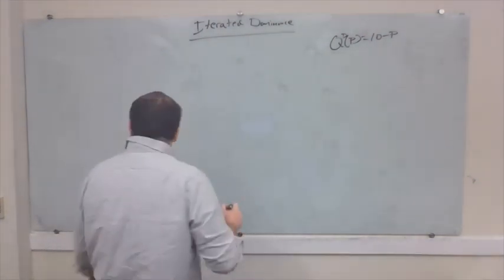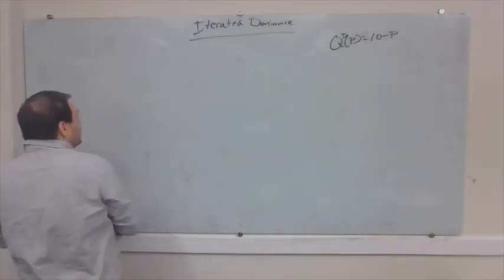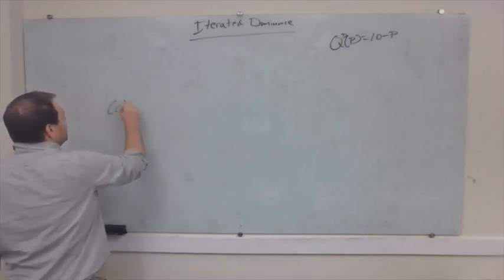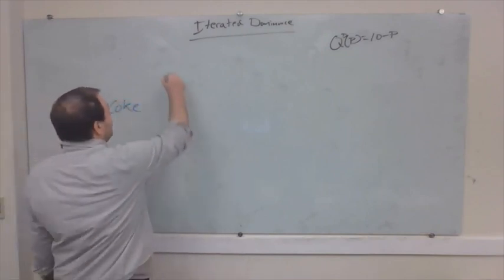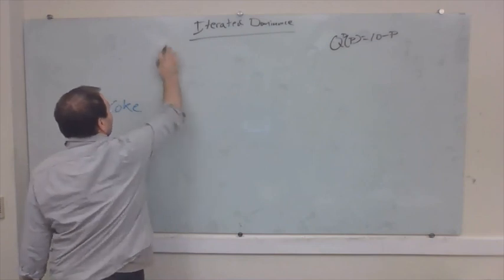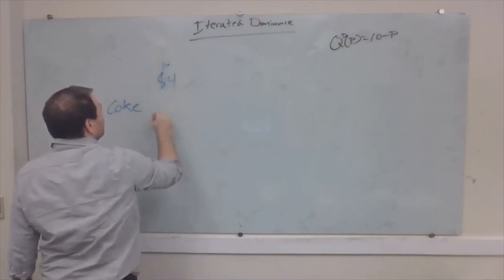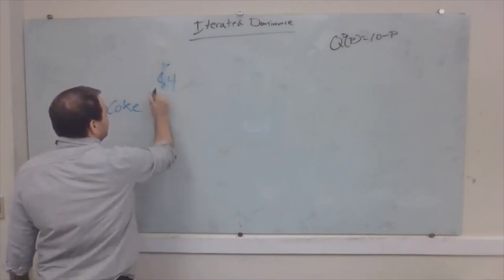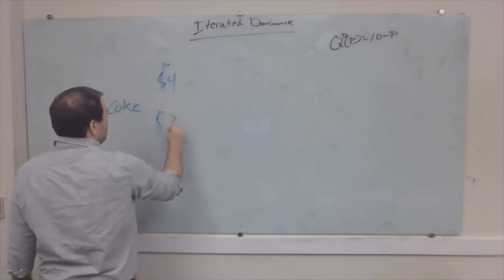To keep these things simple, let's imagine that Coke can charge one of three prices: $4, $3, or $2.